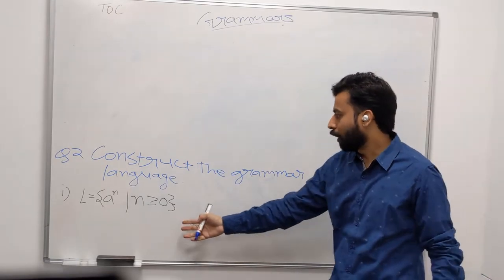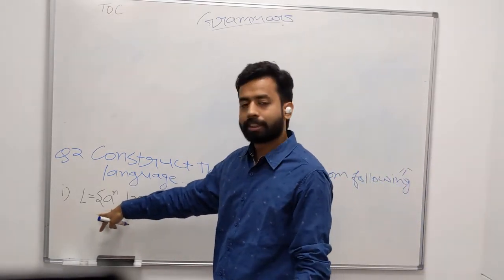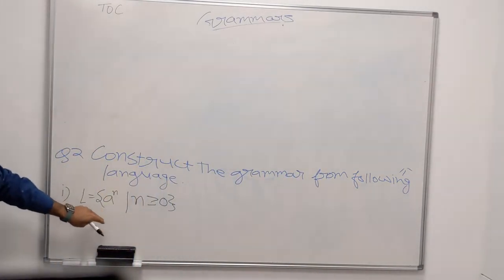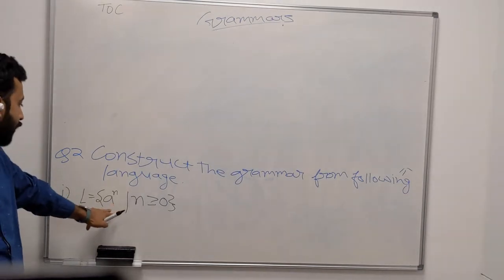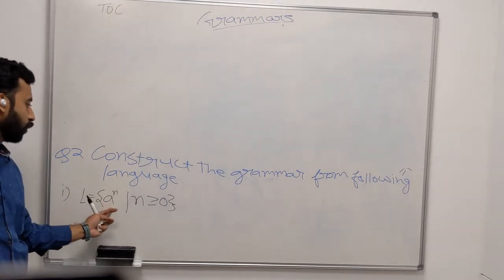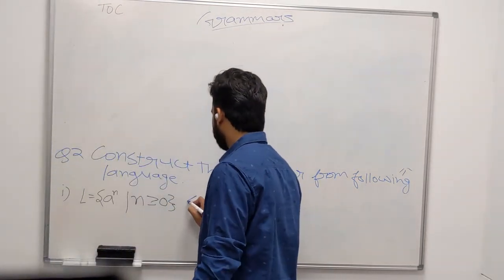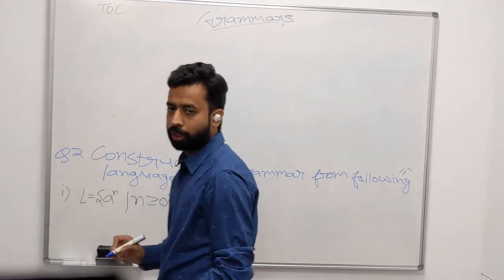What it is saying is, you have to derive one grammar in which you can produce this string. After reading this, what I can analyze is that you have to derive one language which should be a combination of A only. So here, if you talk about input symbols, there is just one.